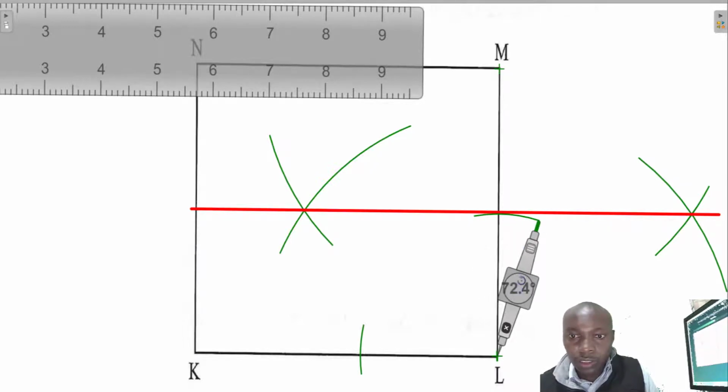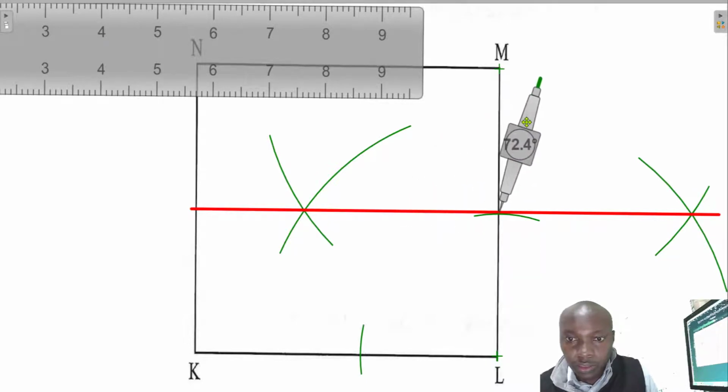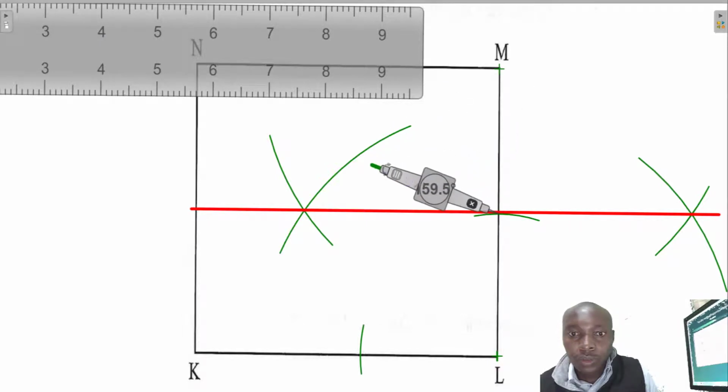Then you can adjust the size. You stand on this arc, you stand on that arc. I want to make this one a little bit longer.